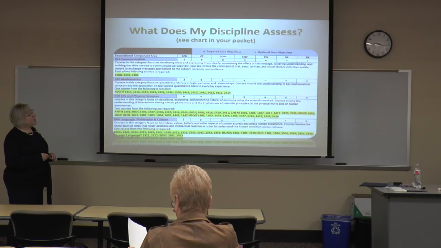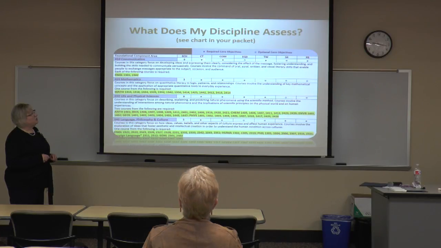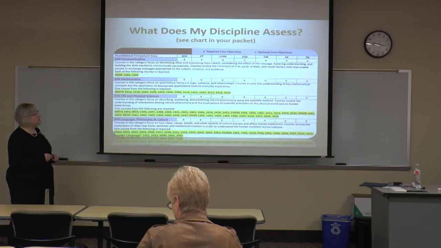Then across the top we have the various different core objectives, they are called, that we assess. Critical thinking, communication, empirical, quantitative, teamwork, social responsibility, and personal responsibility. Everyone should have the bubble under critical thinking bubbled in, same with communication.